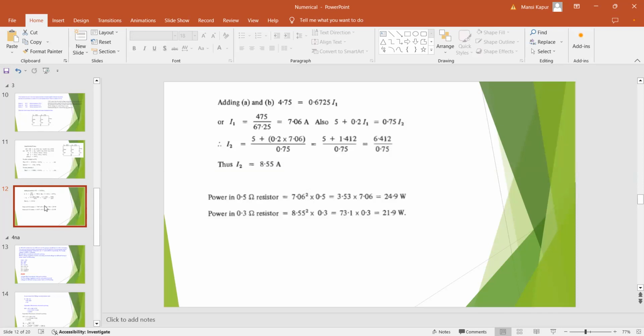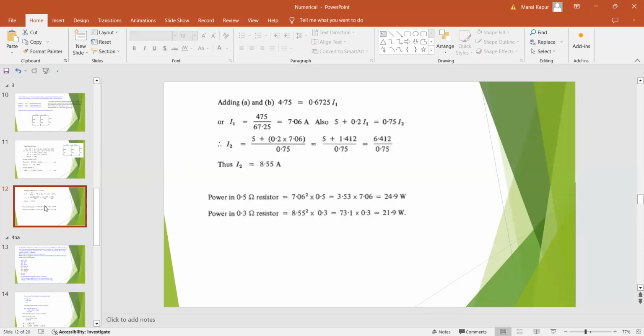So I1 will be cut by I1, right? Yes, I1 will be cut. Then 1 plus 4.75, that is 5.75. And 0.04 plus 0.7.